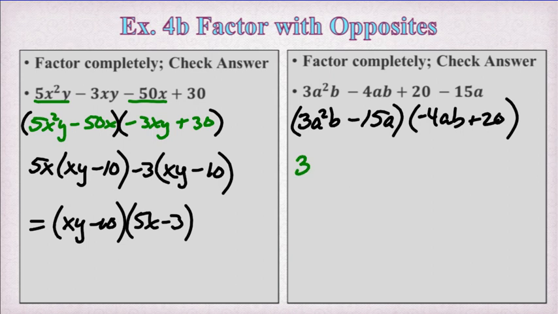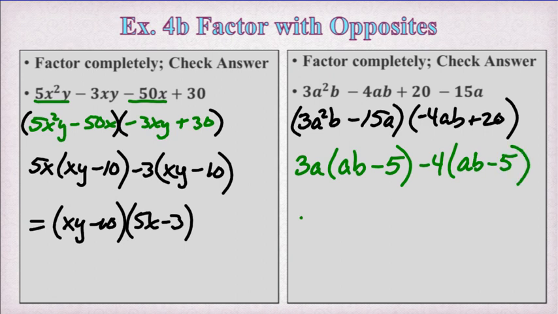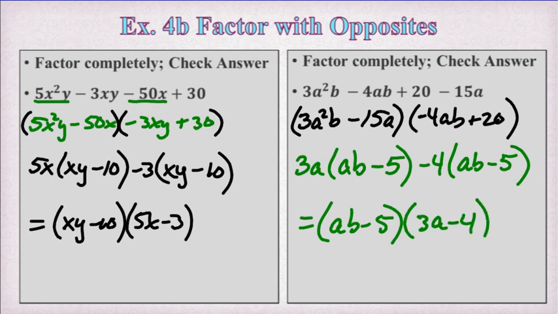Factor, I can take a 3a out. That leaves me with ab minus 5. Over here, I can factor out a negative 4. That leaves me with ab minus 5. So my answer, I would have ab minus 5 times 3a minus 4.